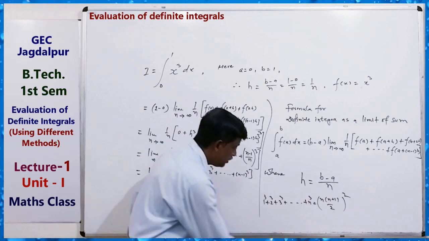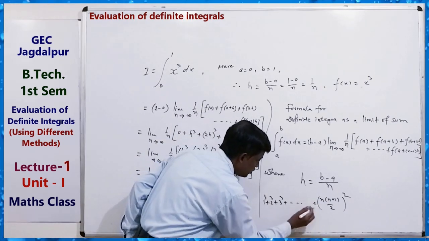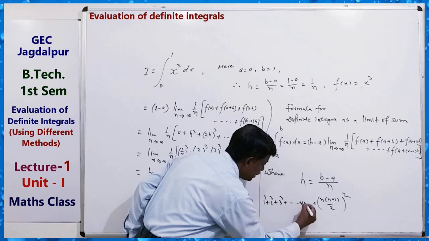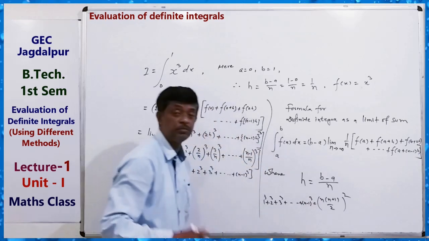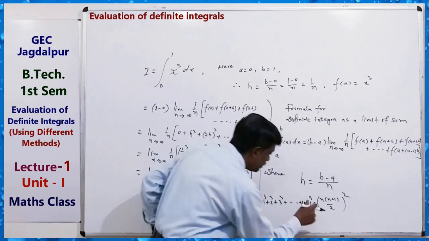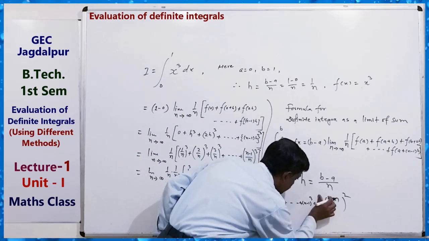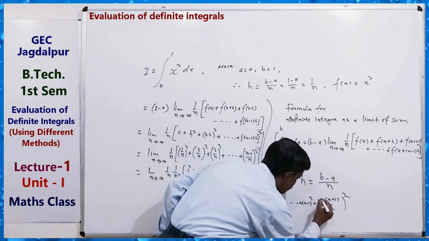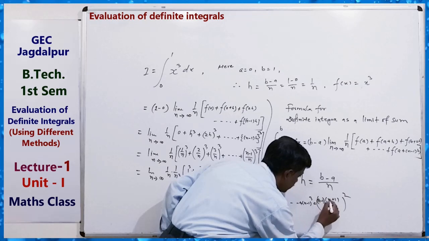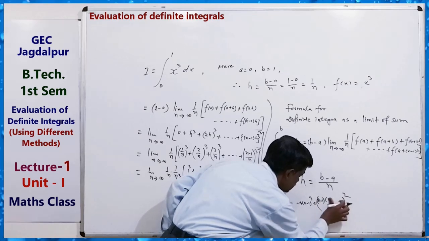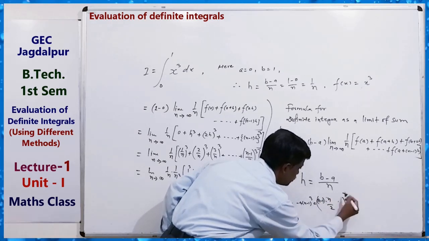Here, if in this place we use the terms up to n minus 1 cube, then in place of n we have to write n minus 1. So n minus 1 into n, and the 1 cancels, giving n minus 1 by 2 whole square.